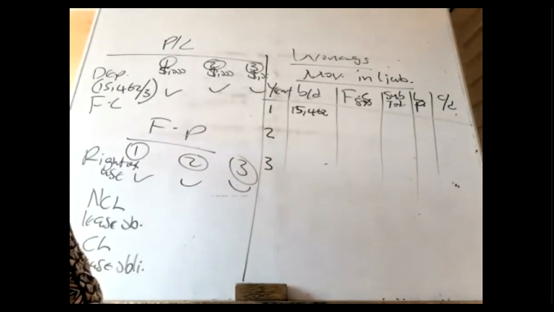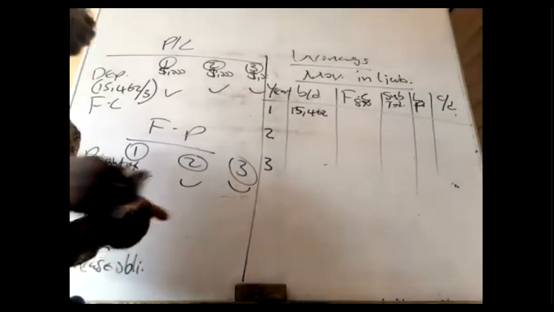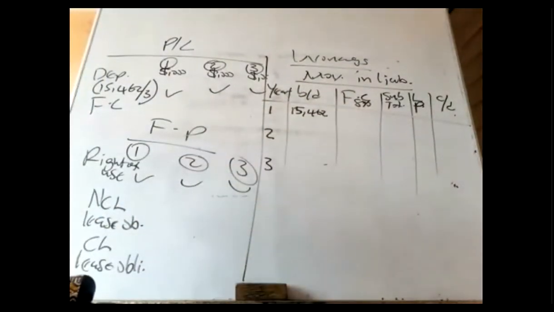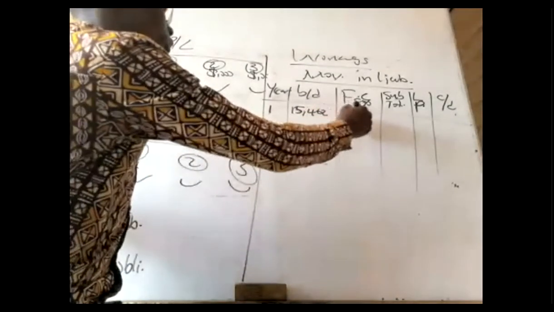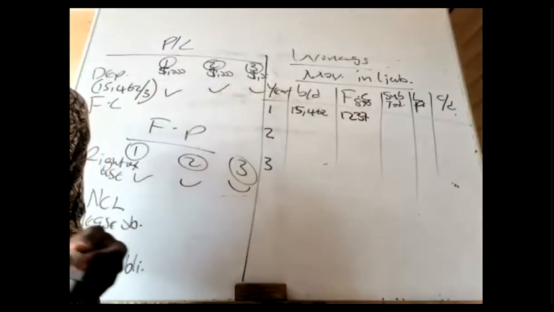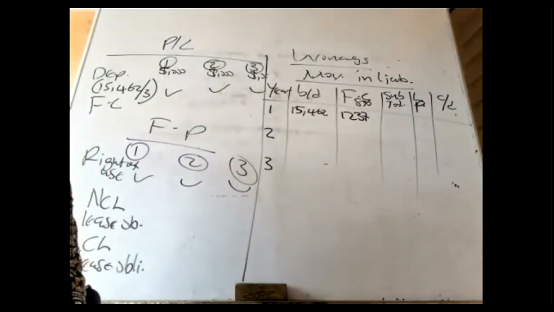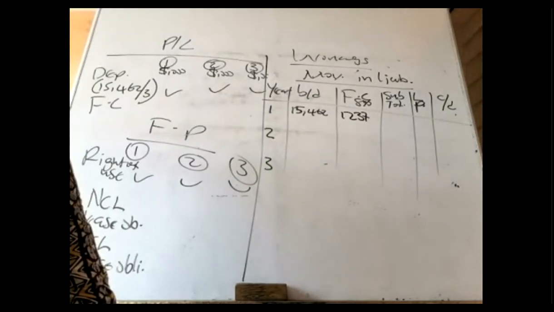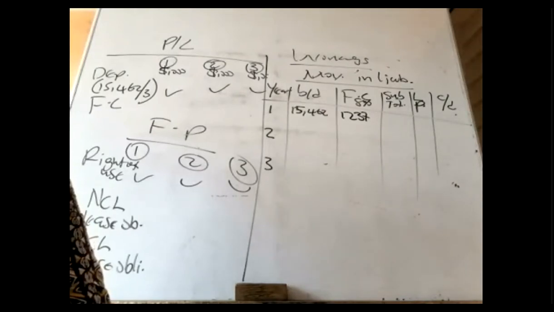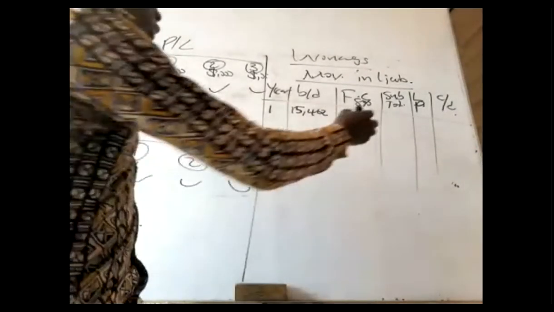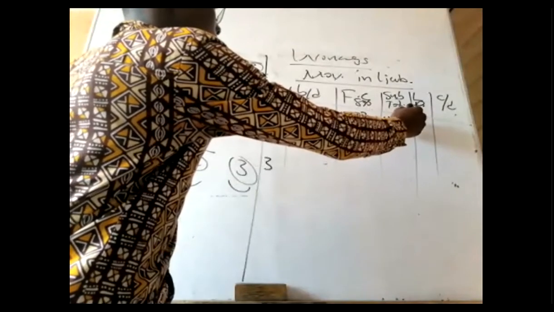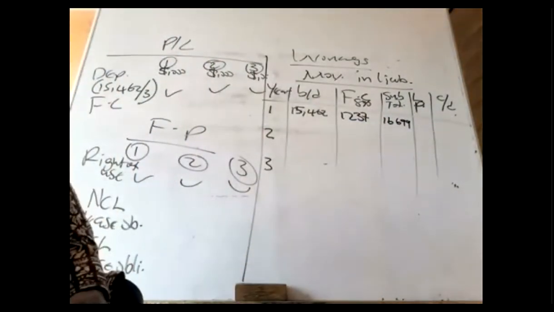So 15,462 times 0.08 gives 1,237. Add it back, so plus 15,462, you get 16,699.